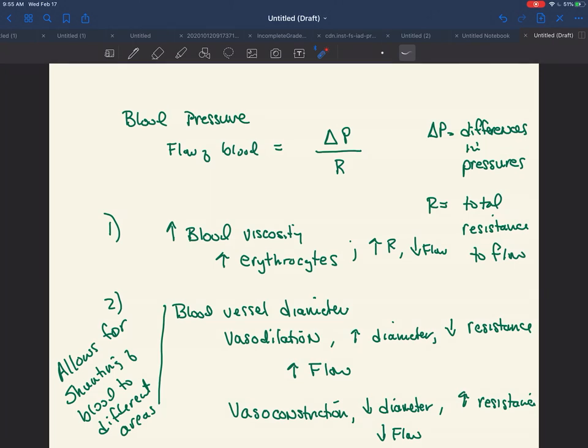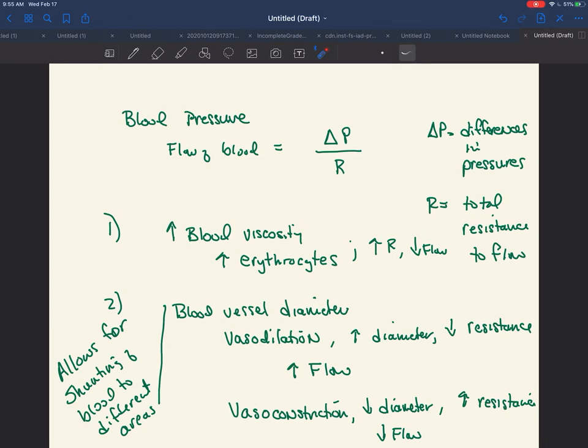This second one is really super important because it is the way our body allows for the shunting of blood to different areas. We can talk about vasodilation, where the blood vessels get larger in diameter. You'll remember that the arteries are very muscular and have lots of smooth muscle, which has two layers that allow it to either constrict or dilate.